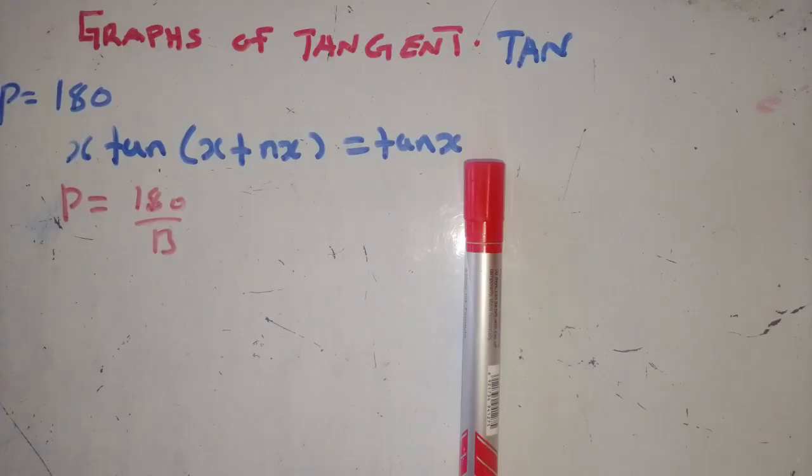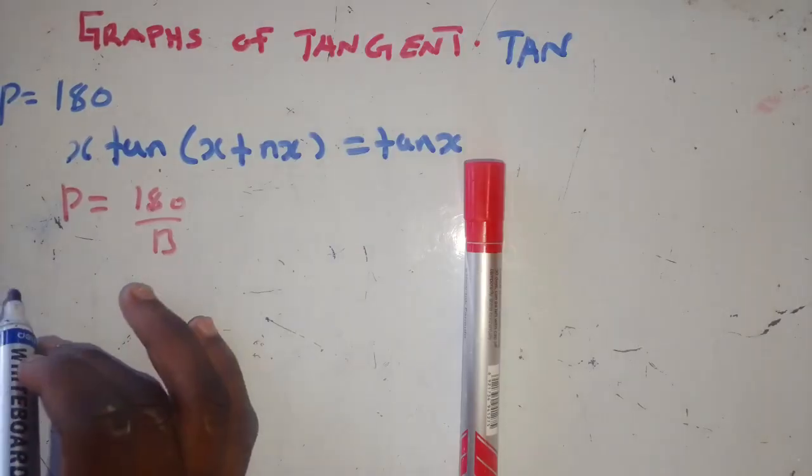Let's do one or two questions so that we understand what we are talking about, because action speaks louder than words. But first, let me talk of another important thing you need to know about the graph of tangent.